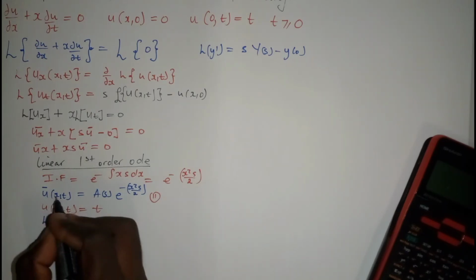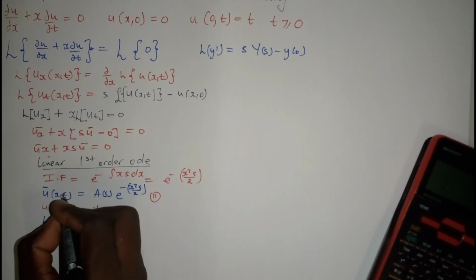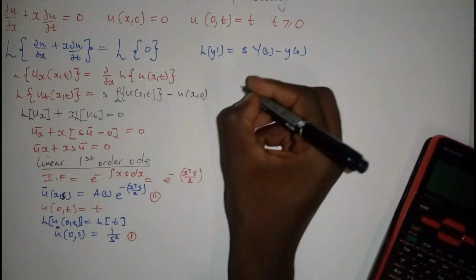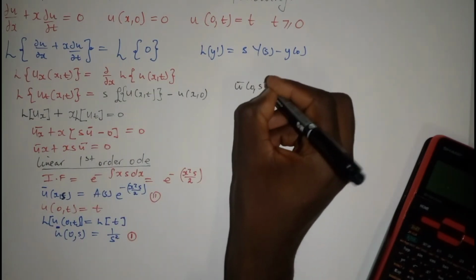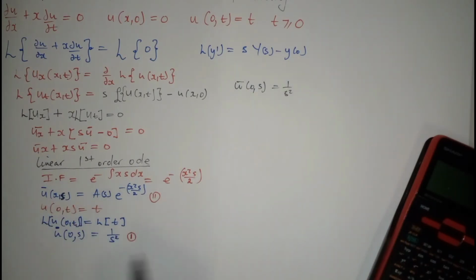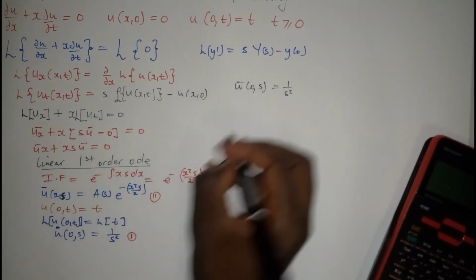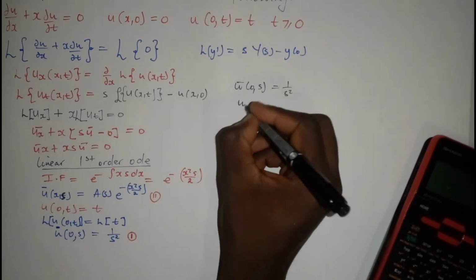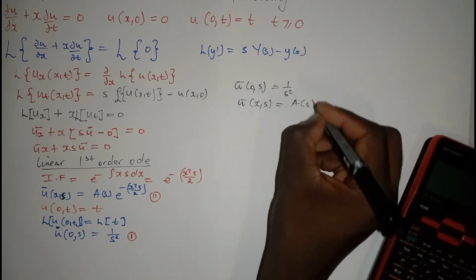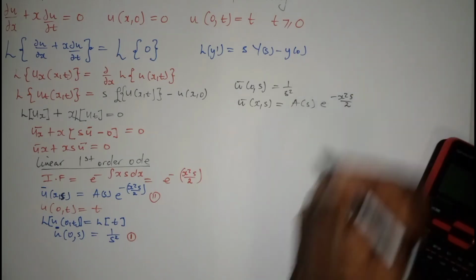Since we've taken the Laplace transform on each side, this now becomes u bar. So u bar(0,s) is going to be 1 over s squared, and we're going to substitute that here. On this side, u bar(x,s) is going to be A(s) e to the power negative x squared s over 2.